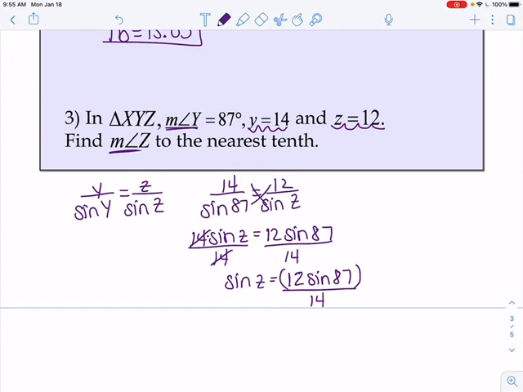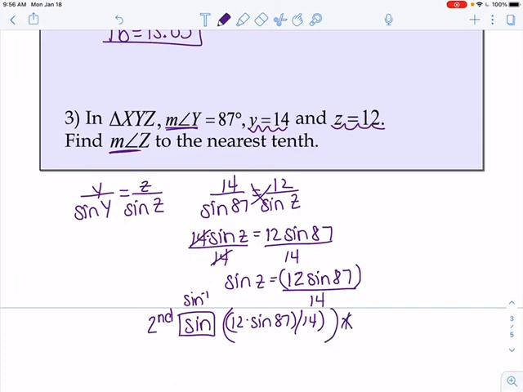Or the other thing that you can do is put it all into the calculator at one time. You can hit second and then the sine key, because above that sine key is sine inverse. So I can hit second sine, and then in a set of parentheses, I can do 12 times the sine of 87, and that set of parentheses divided by 14, and then two sets of parentheses like that.